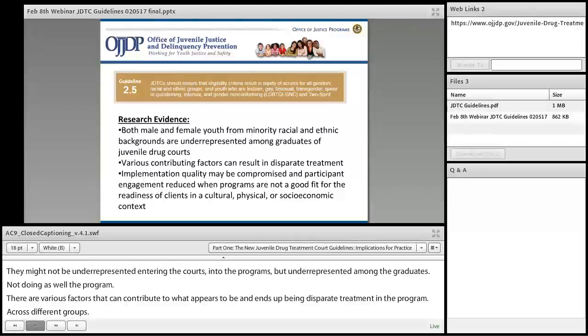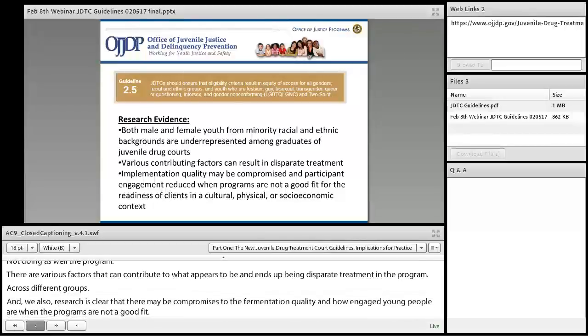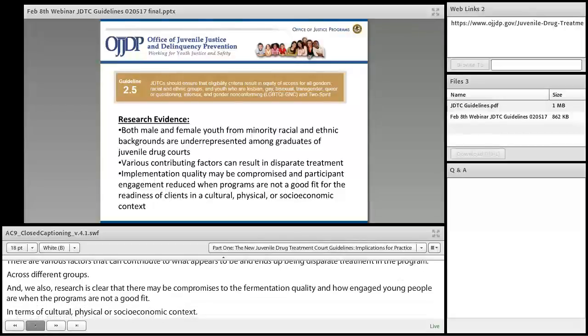Not a good fit in terms of the cultural, the physical, or the socioeconomic context. So it's clear that there is not one model of juvenile drug treatment court that's going to be effective across a variety of settings or with a variety of youth, and that's something that needs to be really taken into careful consideration for each court team.